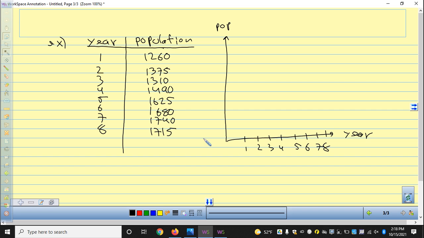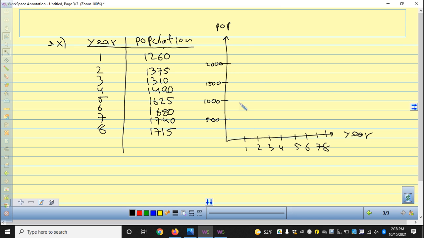I chose to label my y-axis by 500s. 500, 1,000, 1,500, 2,000. We'll plot our data.